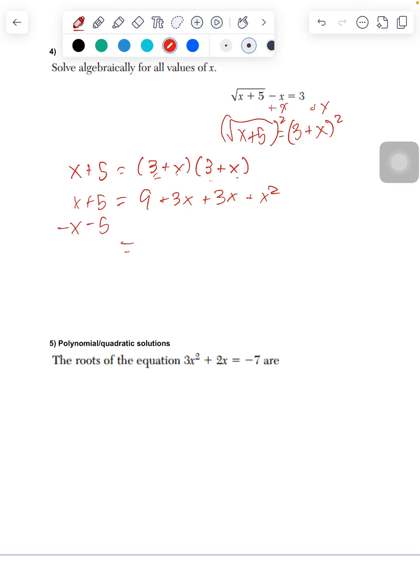So I'm going to get 0 on one side, and on the other, 9 plus 3x plus 3x plus x squared minus x minus 5.